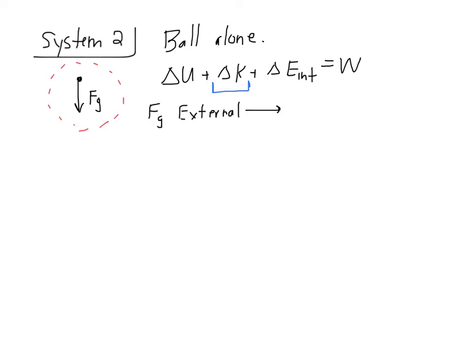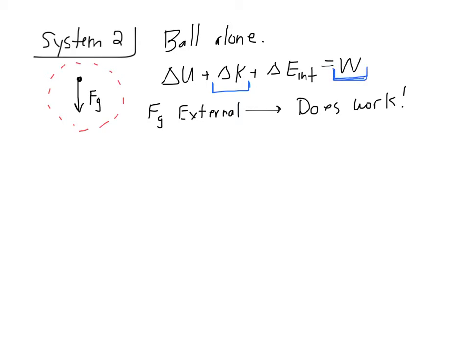When you have an external force, remember that this entire thing, this is the change in energy of the system. And Fg is actually acting from outside the system. It's acting on the system, but it's crossing the boundary. So really, it doesn't belong on this side of the equation anymore. It really belongs over here. So in other words, the force of gravity is doing work. So that term is going to have to be in here.